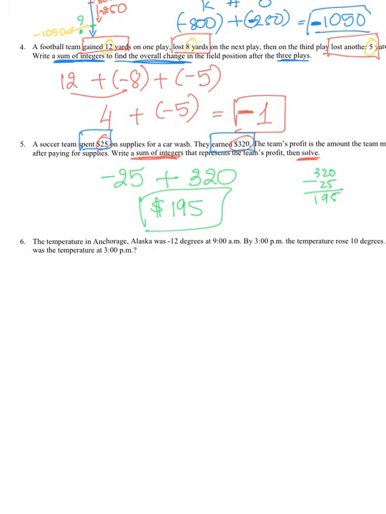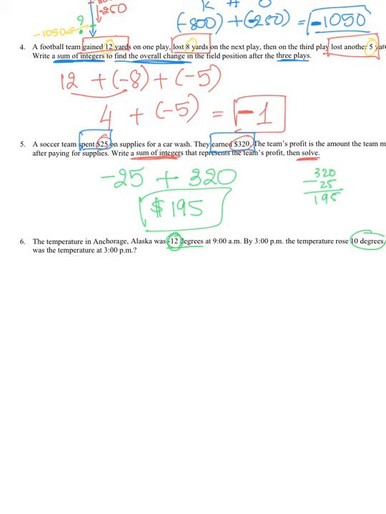Last question. The temperature in Anchorage, Alaska was negative 12 degrees at 9 a.m. and by 3 p.m. the temperature rose 10 degrees. What was the temperature at 3 p.m.? Let's circle the numbers. Negative 12 degrees and then rose 10 degrees.